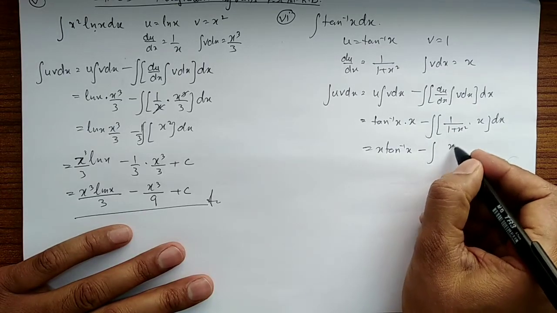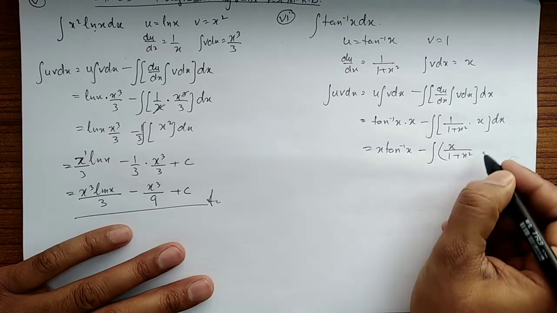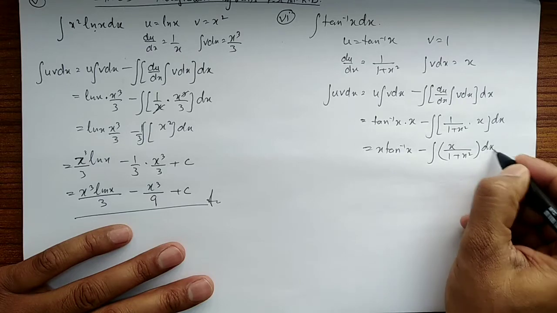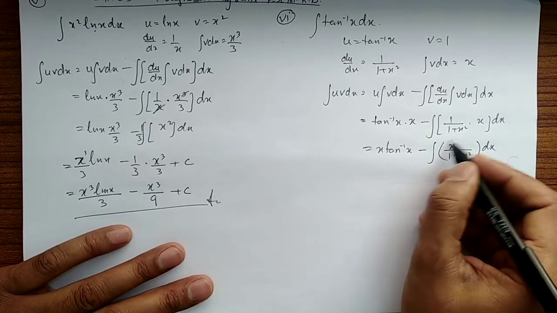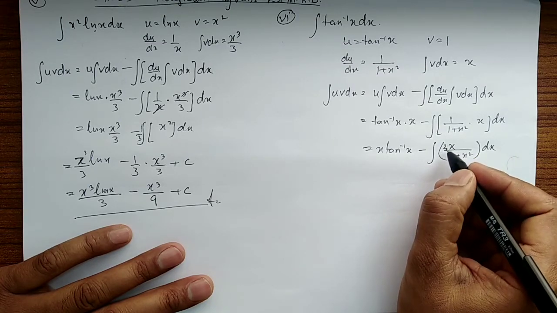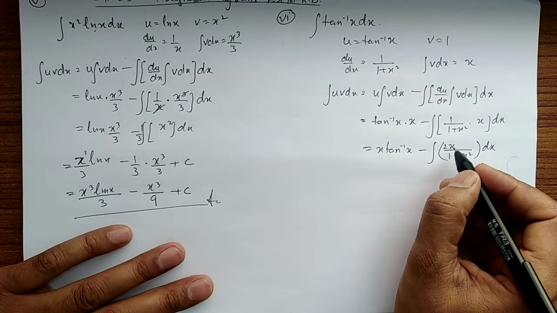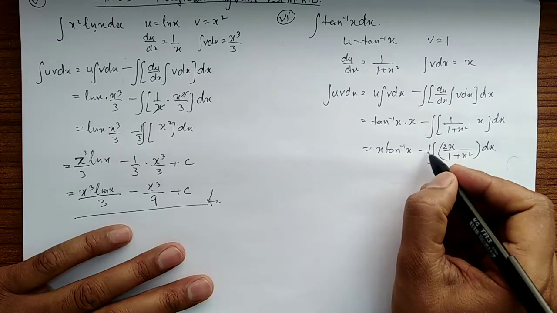Now writing this x upon 1 plus x square in this form. To get the derivative here, we can multiply and divide by 2. So we will get 2 here, and by dividing we are going to write this 1 upon 2 outside.